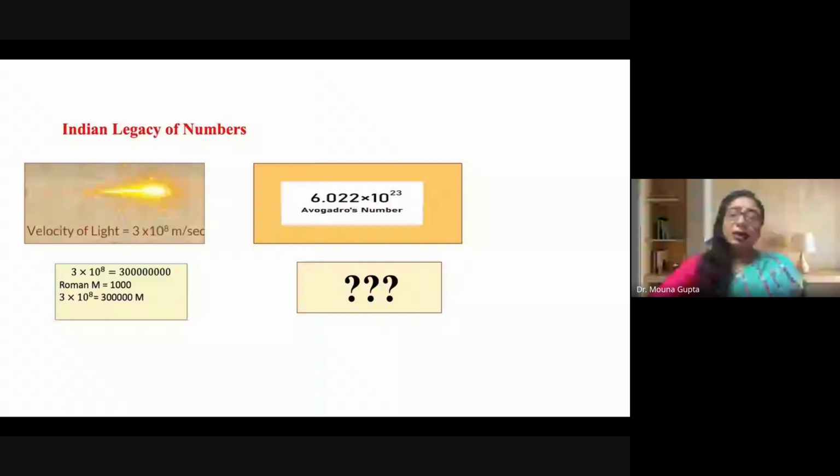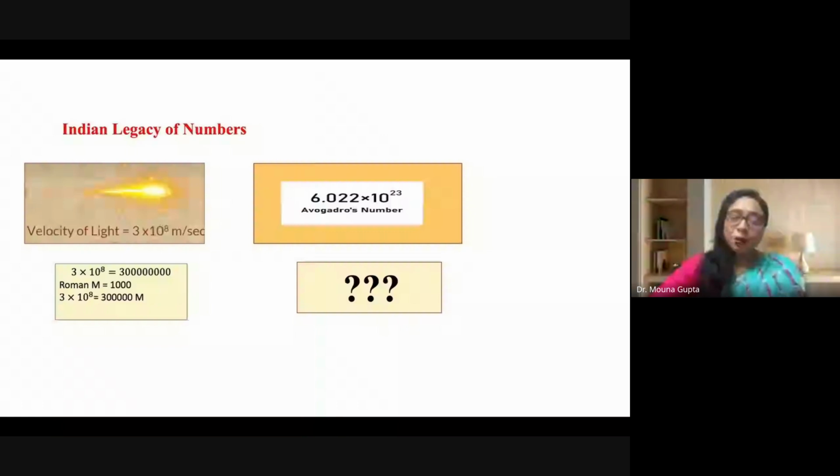Now let's take another example. Let's talk about the Avogadro number. I hope you're all aware of this Avogadro number. We have studied it in our high school. This is 6.022 into 10 raised to power 23. Approximately, this means 6 followed by 23 zeros. Now, if we have to write this using Roman numerals, can you guess how many M's we have to write?